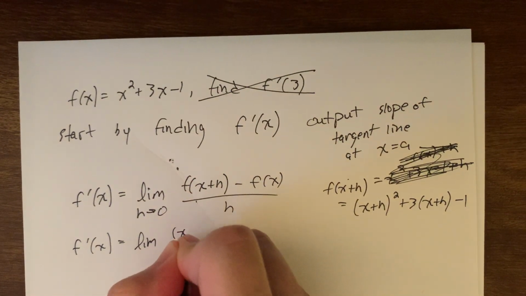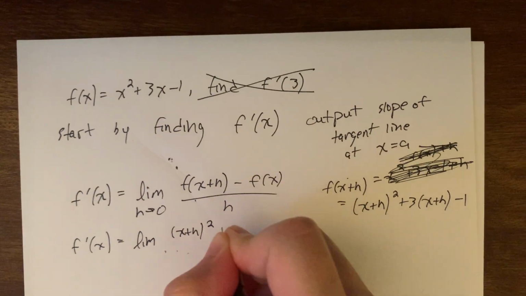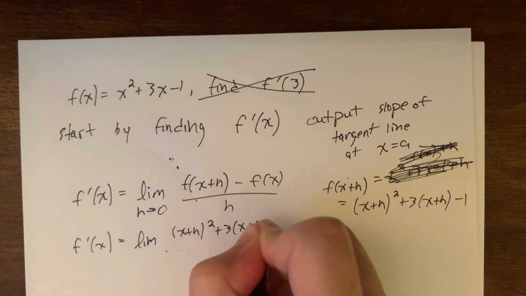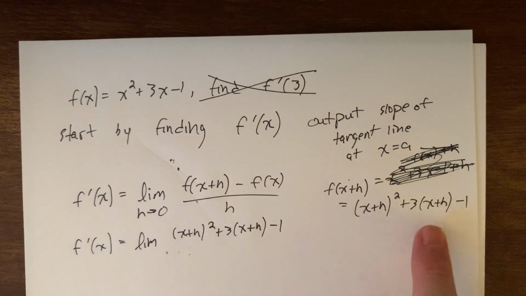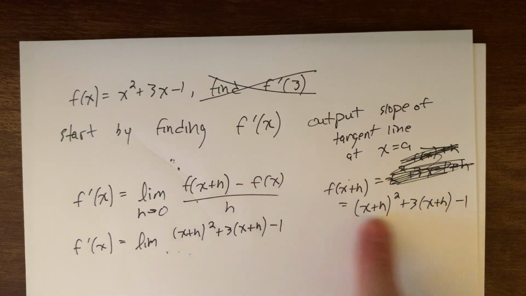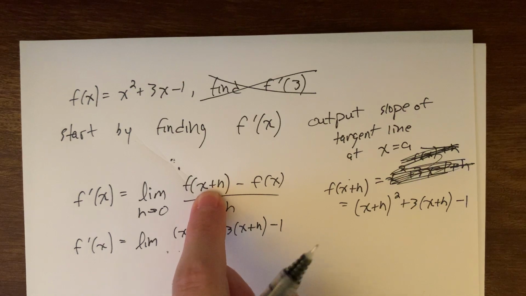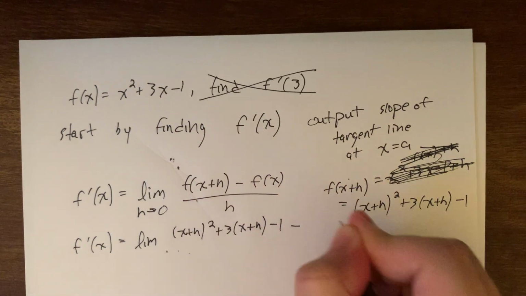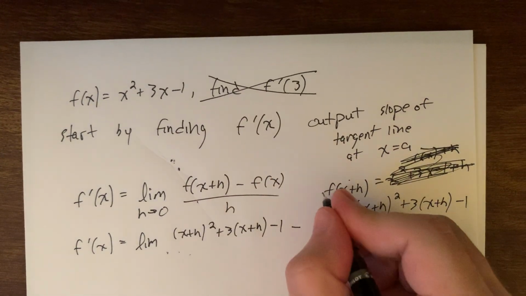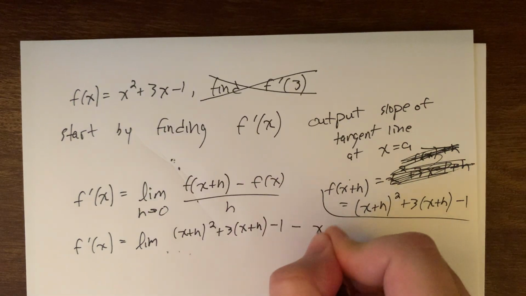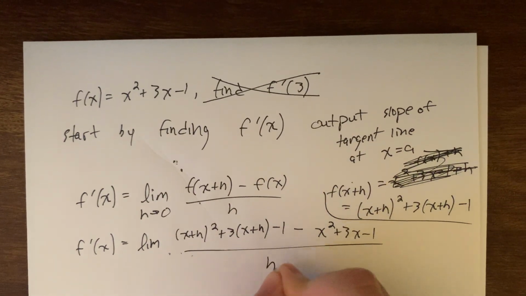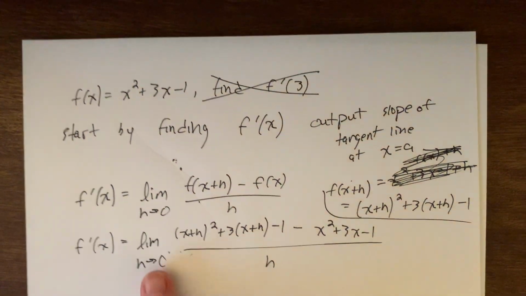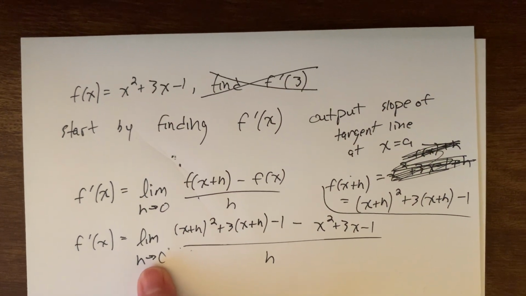I'm going to have x plus h squared plus 3 quantity x plus h minus 1. All of that is the f of x plus h. So all that is going in place, minus the original f of x. So that's x squared plus 3x minus 1, all over h. I have my limit as h approaches 0.